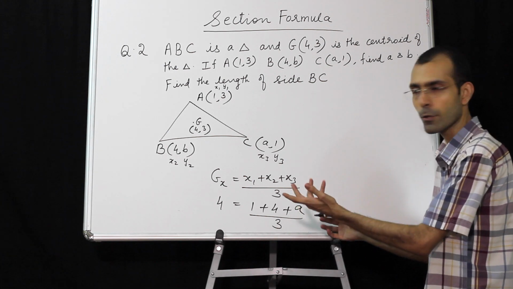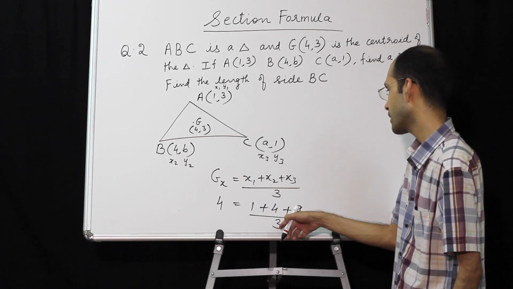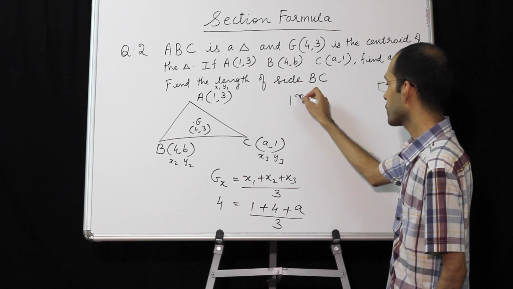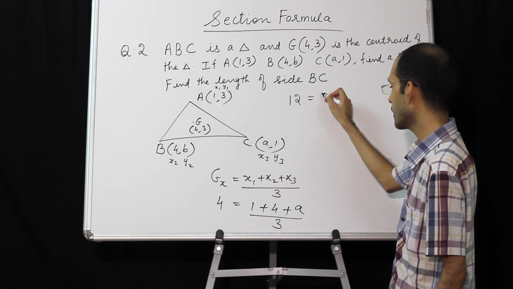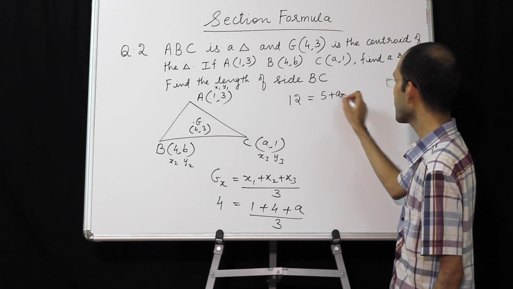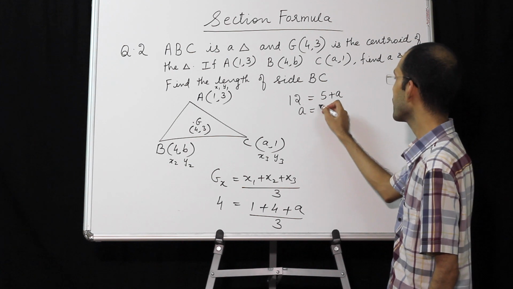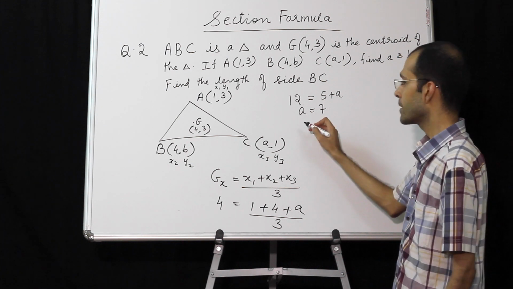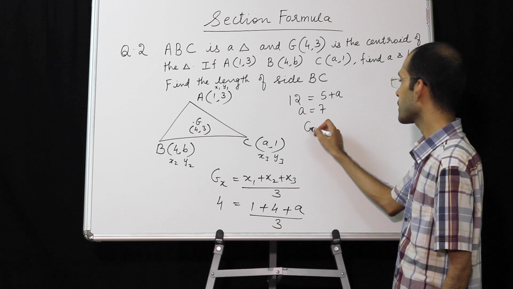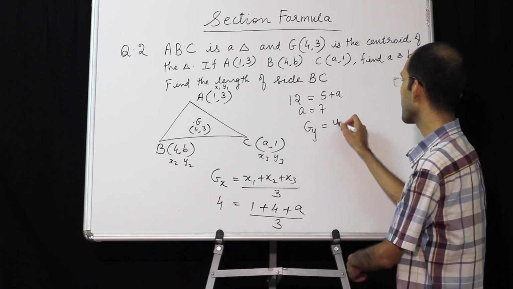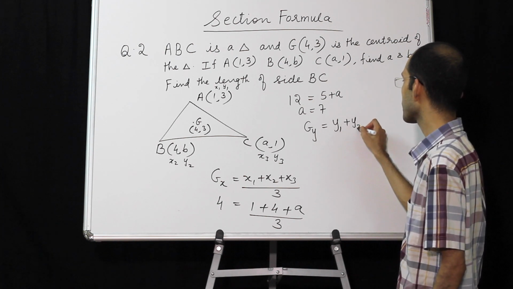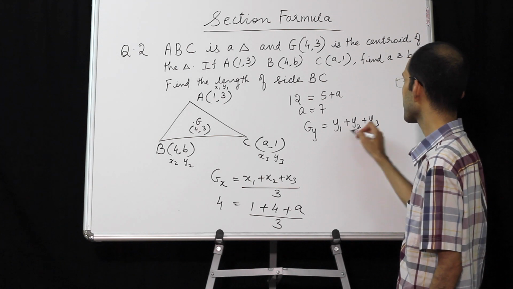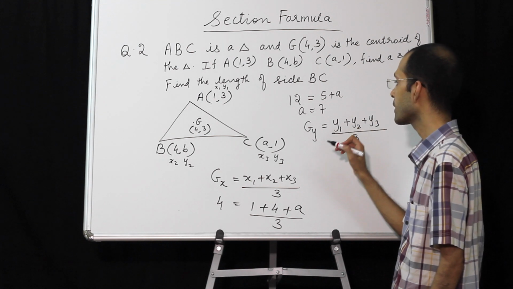Solve it for a equation. 4 3s are 12. So 12 will equal 5 plus a. A will equal 7.